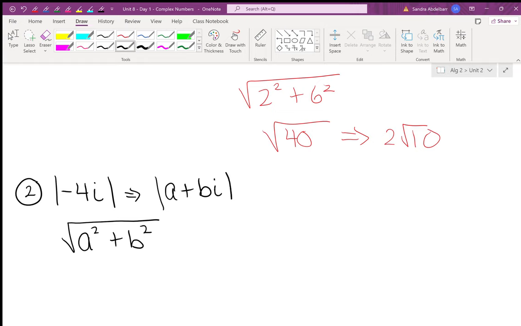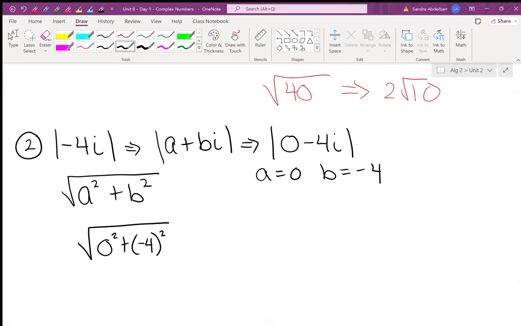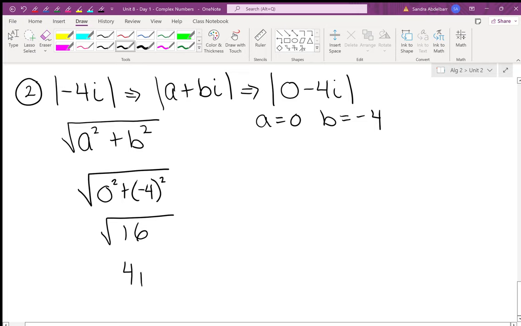So what am I doing? You got it. 0 minus 4i. Do we agree that my a is 0 and my b is negative 4? Yes? Okay. So now let's plug in. We're going to have 0 squared plus the quantity of negative 4 squared, which gives us the root of 16, and that is 4.